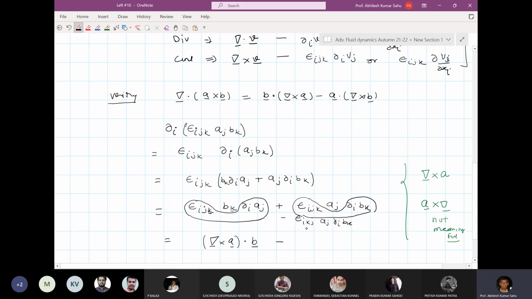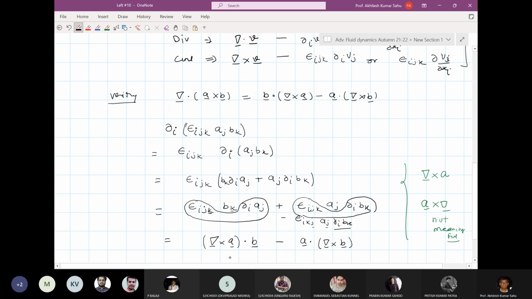Here i is appearing before k, so this will be del cross b, and j here and j here are the same, so the resultant vector is getting dotted with a. I can write this as a dot del cross b. Whether I write a dot del cross b or del cross b dot a, both are the same, because a dot b is the same as b dot a, so it doesn't matter.